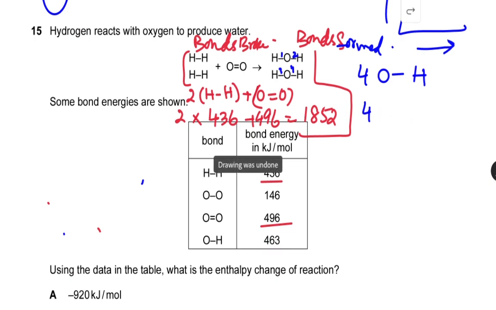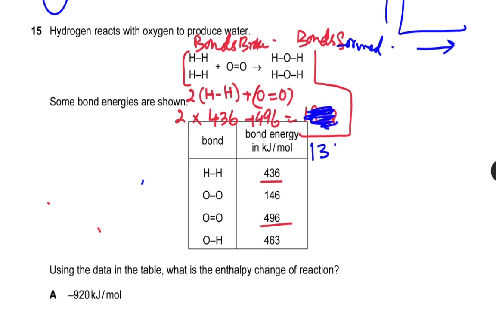Let me correct the earlier answer. 2 multiplied by 436 plus 496 is 1368.